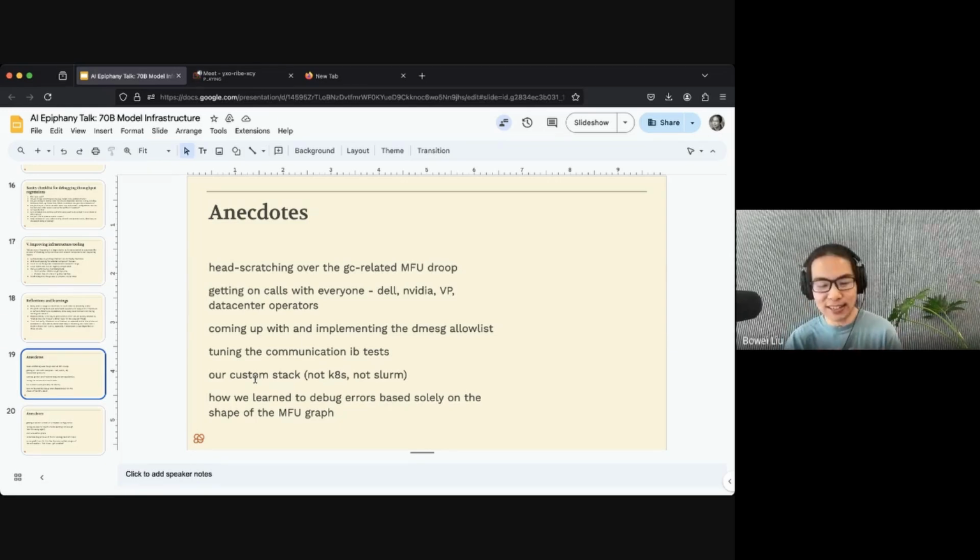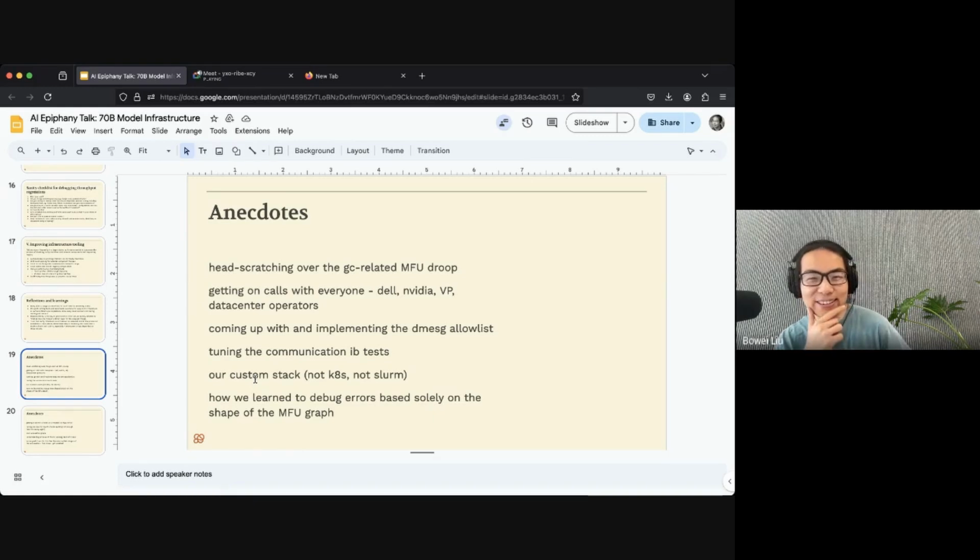Our first thought was obviously something physical, like this smells heat related. Maybe the GPUs and the InfiniBand cables are getting too hot in the data center when we run, and that's what causes the performance degradation. And this is obviously pretty difficult to test.